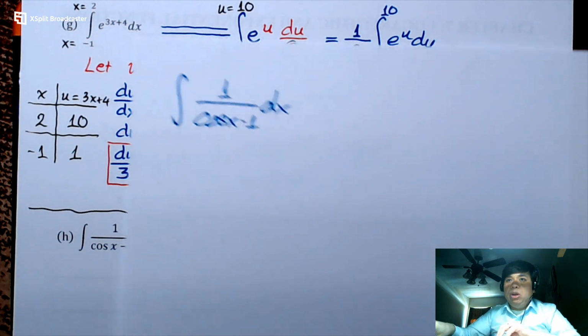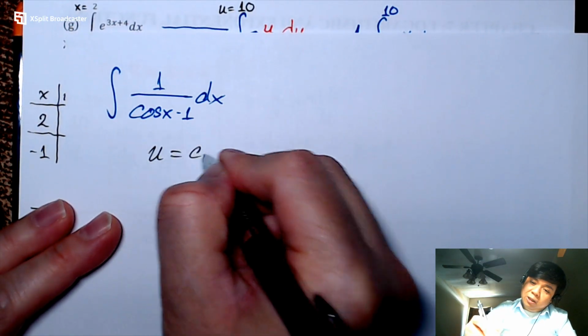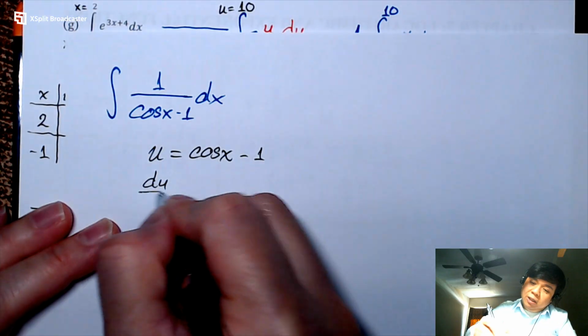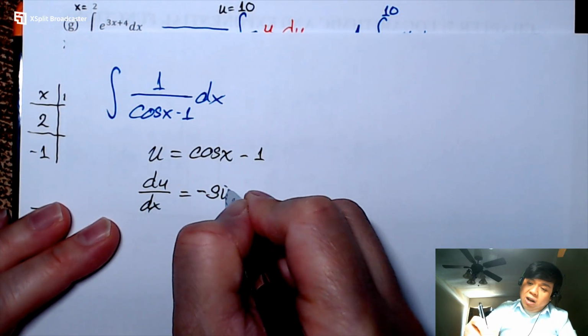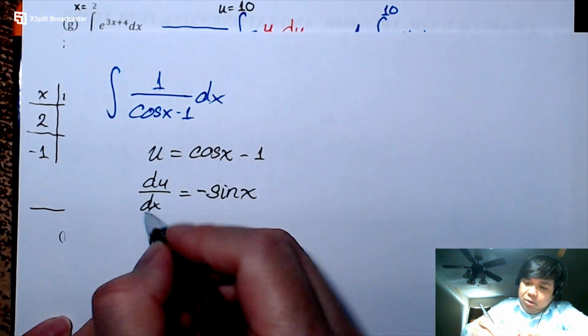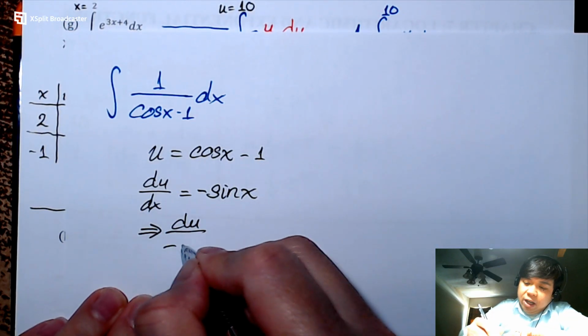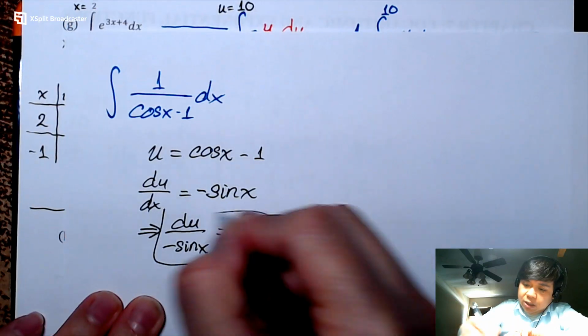Now if we let u equal to cosine of x minus 1, and then we take the derivative, and there comes the negative sine x. Now, if you go ahead and solve it, you have du over negative sine x equal to dx.